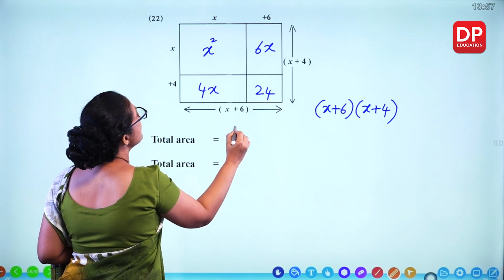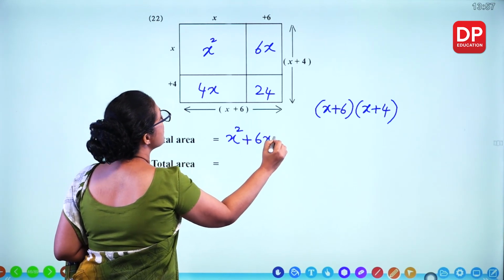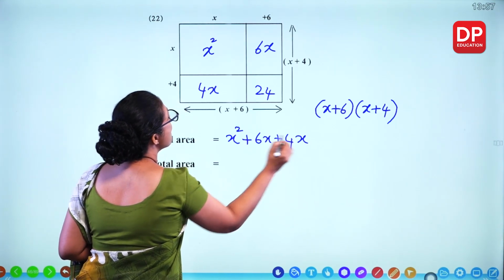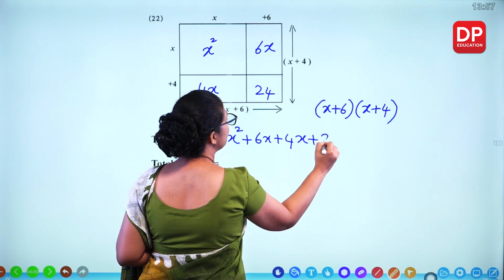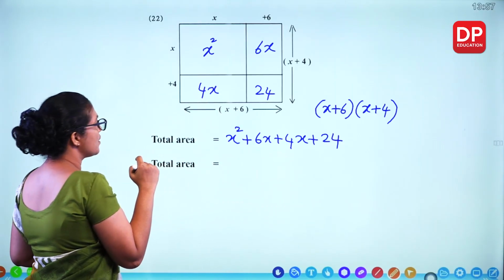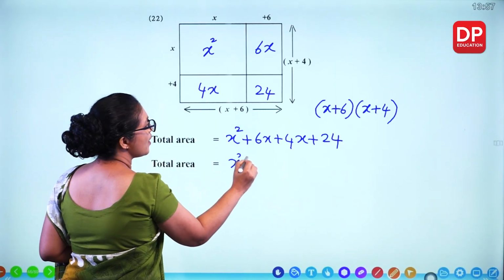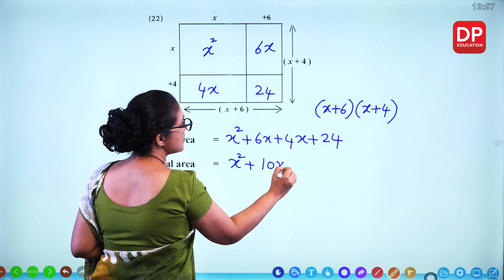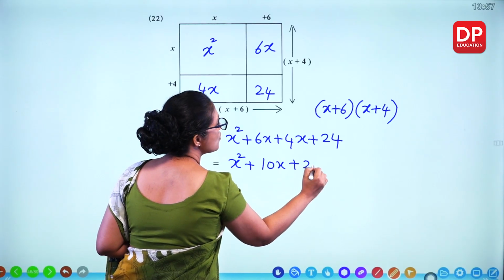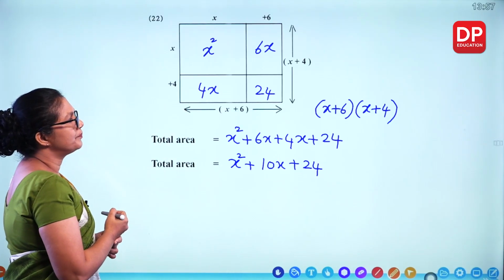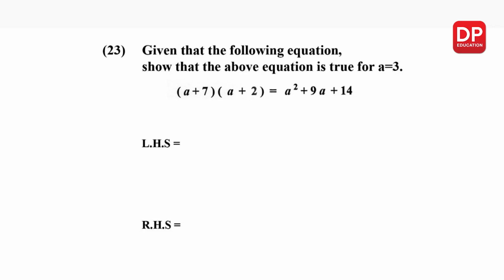Add it together. x squared plus 6x plus 4x plus 24 is equal to x squared plus 10x, 6 plus 4 and 24 there.